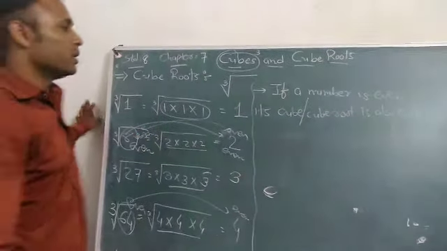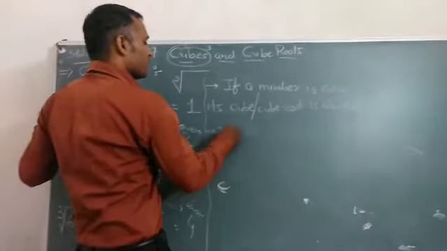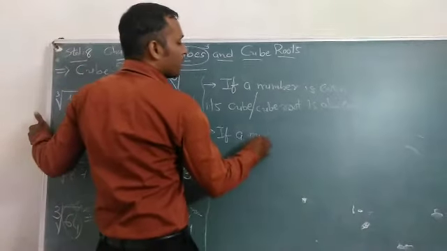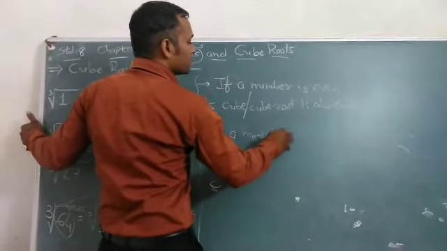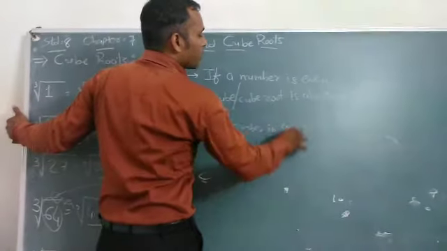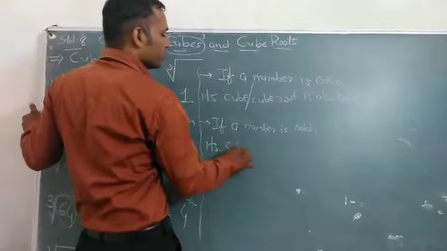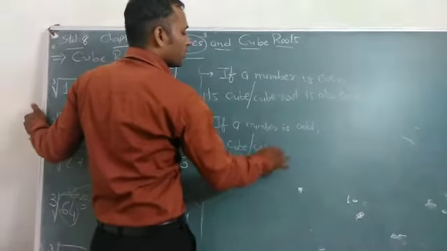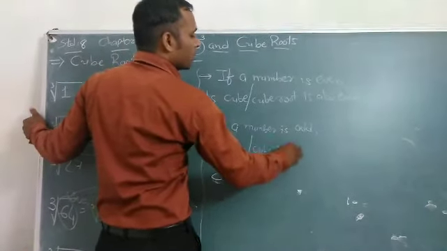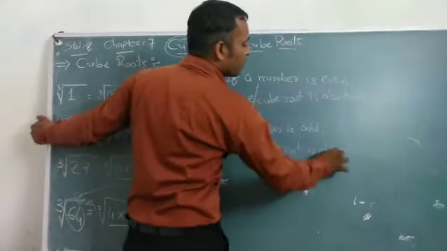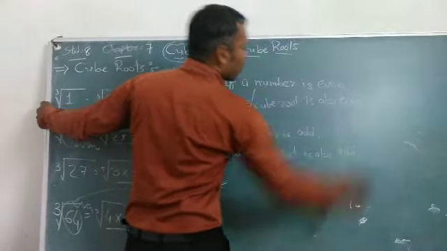Okay, similarly. Next topic is, if a number is odd, its cube or cube root is also odd.